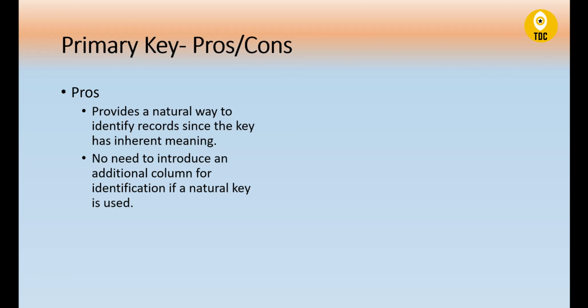And there is no need to introduce an additional column for identification if a natural key is used. That's quite obvious, because if the employee table already has an employee ID, I need not create a new column to uniquely identify a particular record, because employee ID will obviously be unique. So that's why it's a natural key.